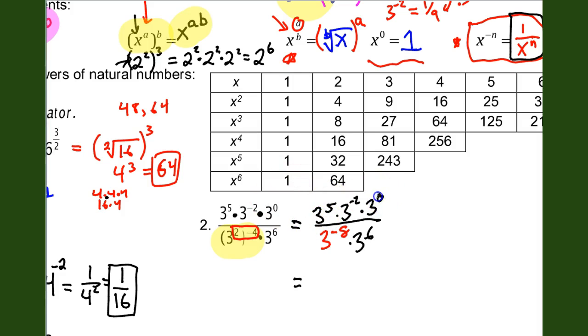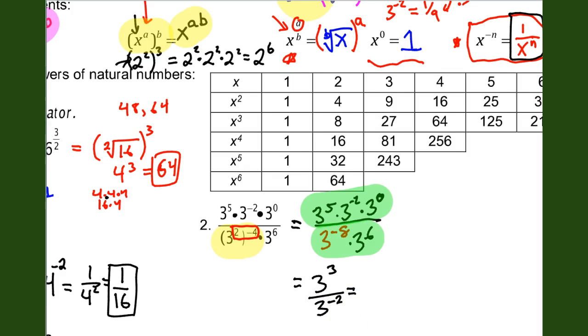So just do one thing at a time, even if you have to rewrite something and not change it all. Next, it's what we did in green. On the last problem, just add both of them up, right? Don't change anything. So 5 plus negative 2 plus 0 is 3. And here we have negative 8 plus 6 is negative 2.